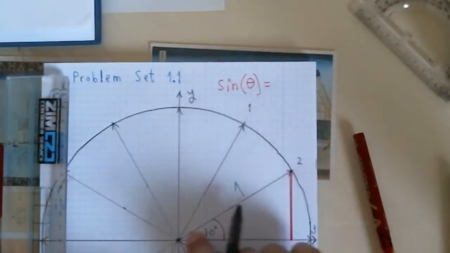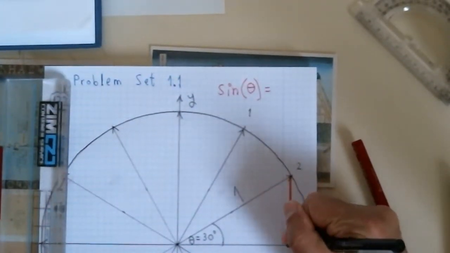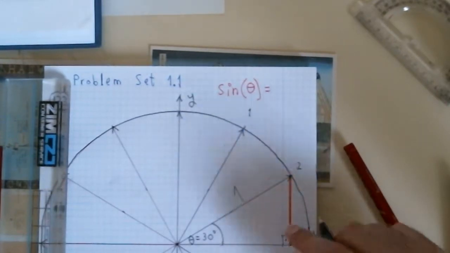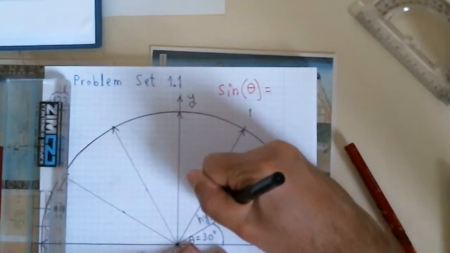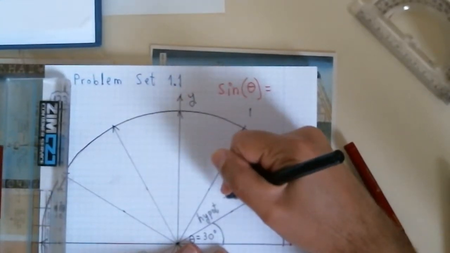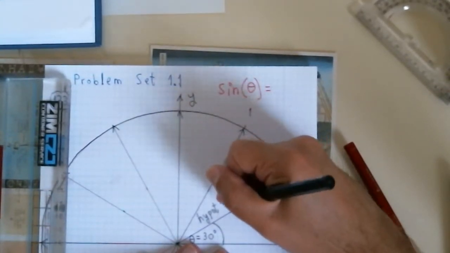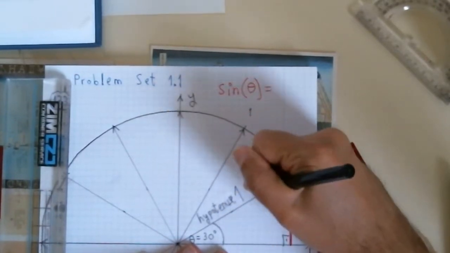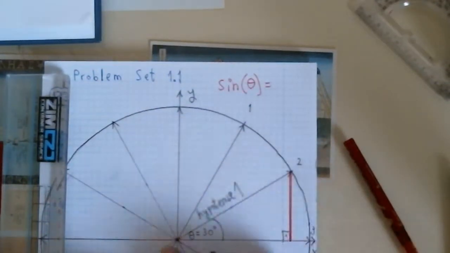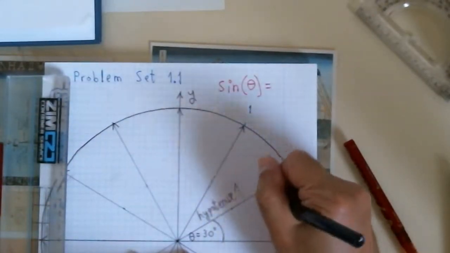Okay, the hypotenuse. Okay, so this is the hypotenuse in a right triangle. This is a right triangle. Okay, this is 90 degrees. The hypotenuse is this side. Okay, here the hypotenuse equals 1.